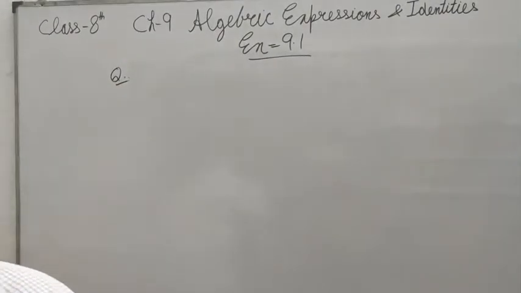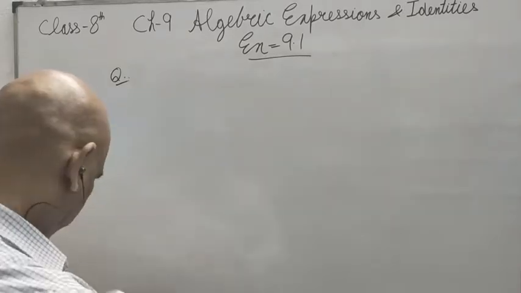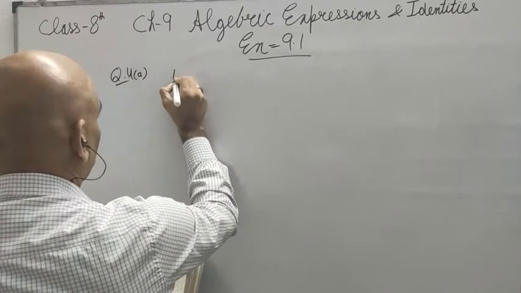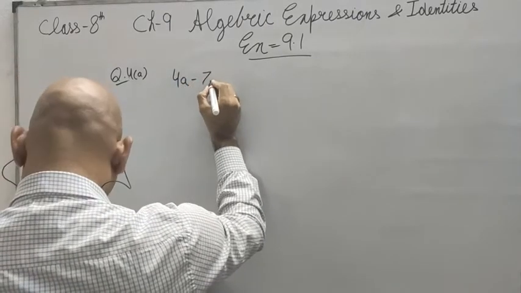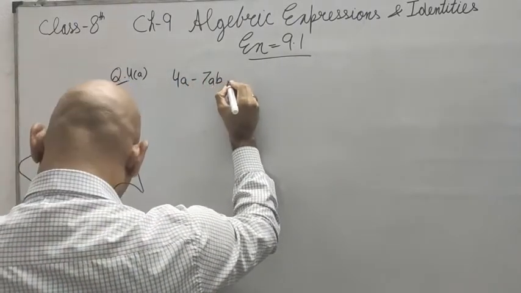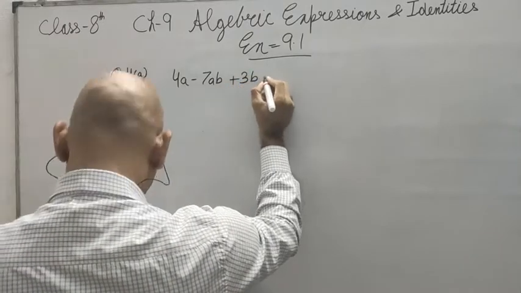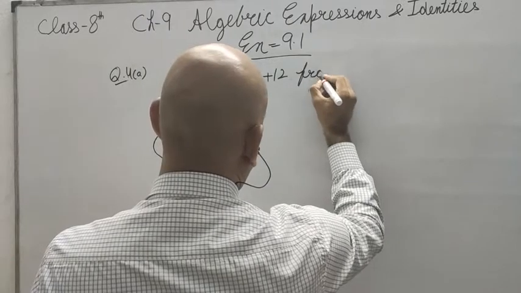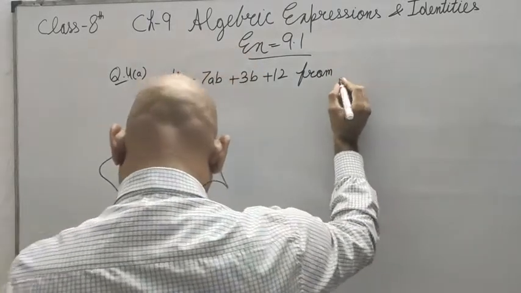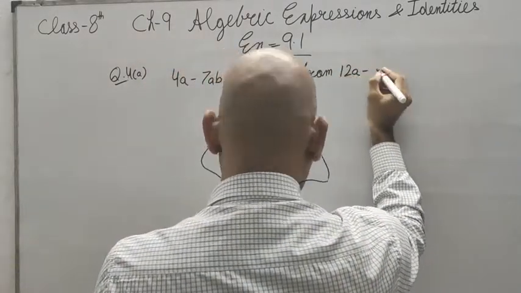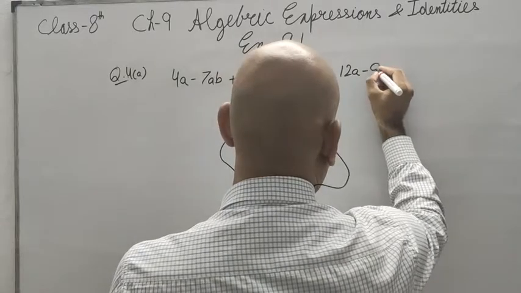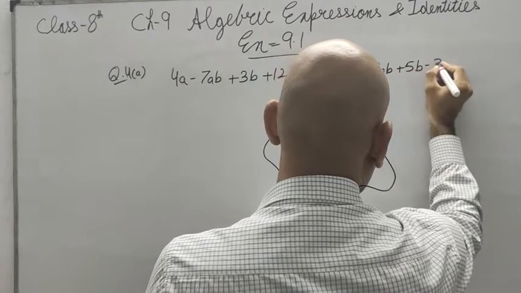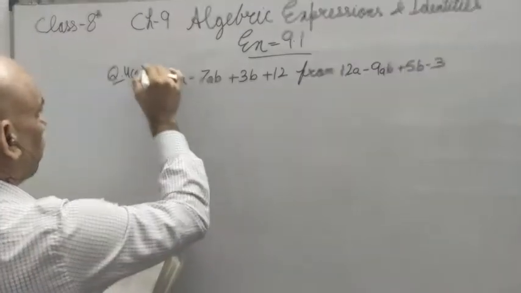Question number 4a: subtract 4a minus 7ab plus 3b plus 12 from 12a minus 9ab plus 5b minus 3.